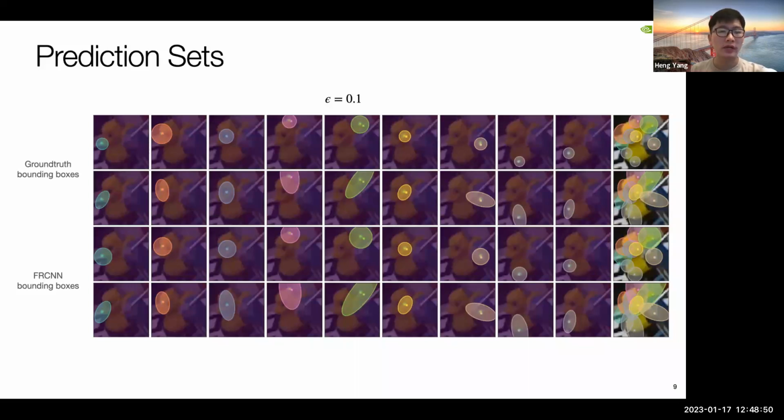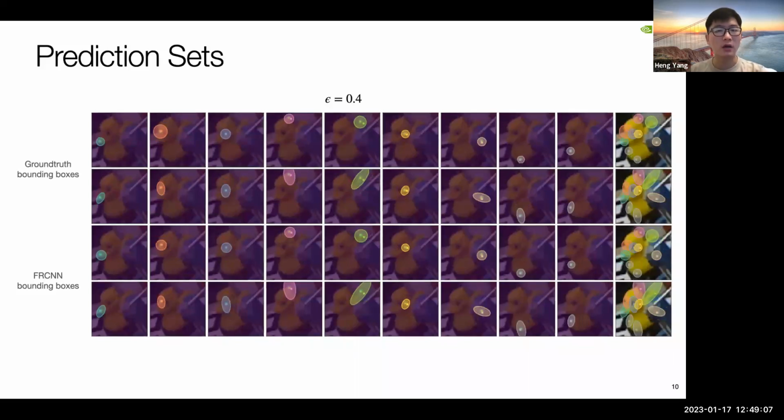Each column shows you the ball for a single keypoint, and the last column gives you an overlap of all these different balls together on the object. But if you can tolerate a little bit of failure in the predictions, then you see that these balls shrink significantly in size. So now you are able to get pretty tight prediction sets.